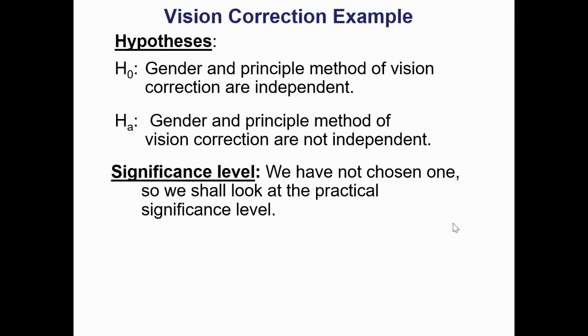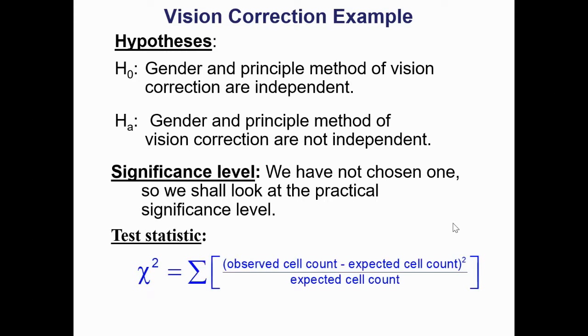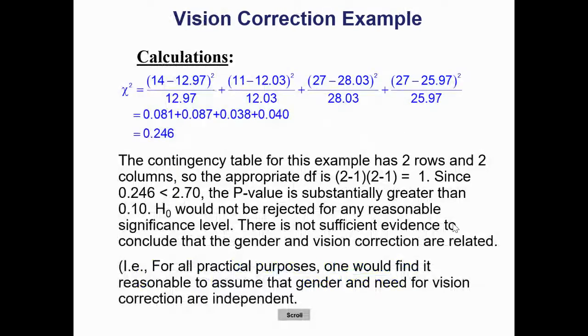Okay, so we've got our hypotheses. Our test statistic is the same that we've been using. So let's calculate it. The only thing left here is to calculate and get our conclusion. Before we do that, though, let's talk about degrees of freedom for our new table.